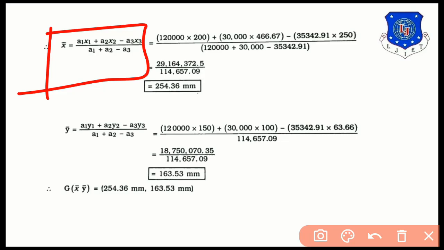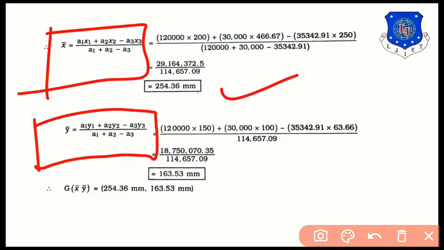Replacing all the values as found earlier for parts 1, 2 and 3, we will get x bar equal to 254.36 mm. Similarly, the formula for y bar is a1y1 plus a2y2 minus a3y3 upon a1 plus a2 minus a3. By replacing all the values calculated earlier, we will get y bar equal to 163.53 mm.